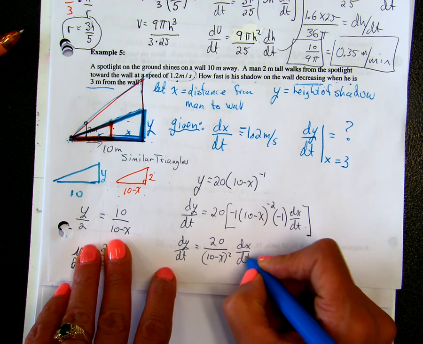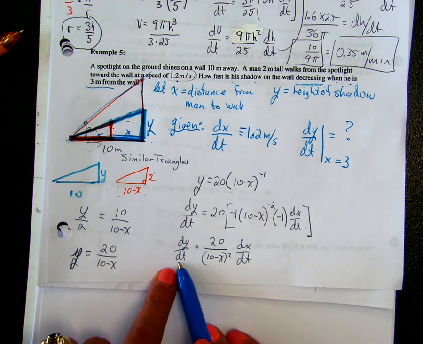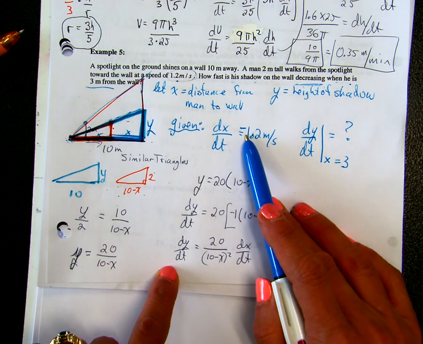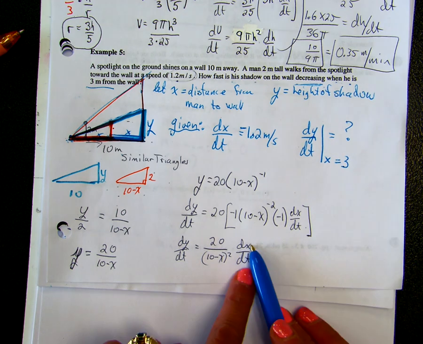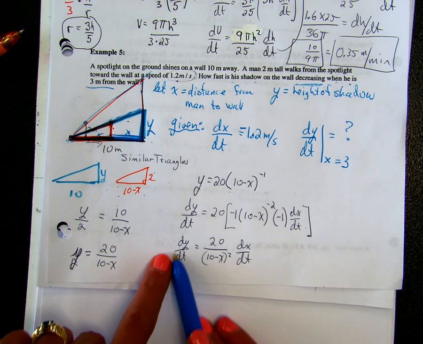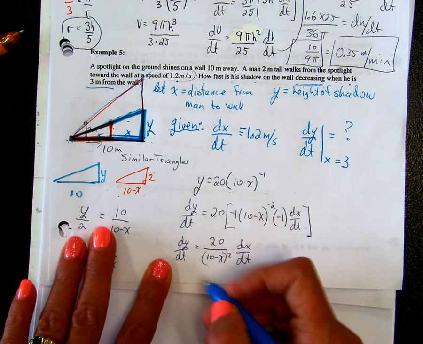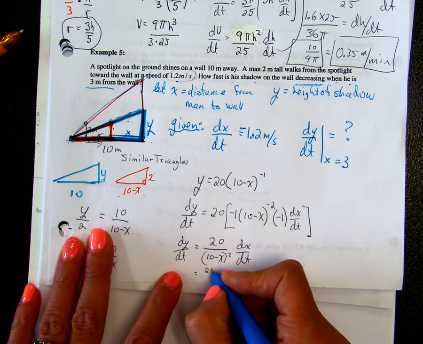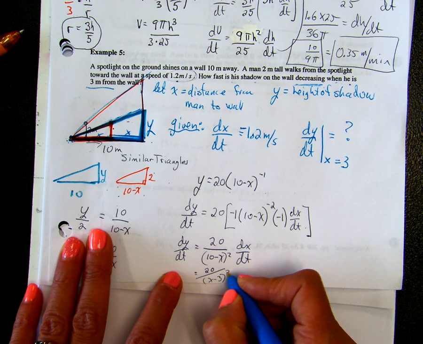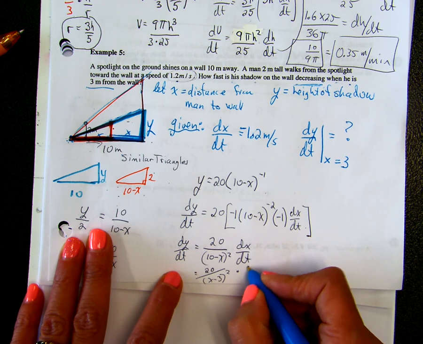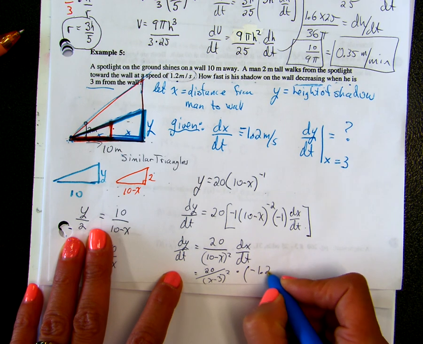So plug in what you know. We know dx/dt. We know x. We're trying to find dy/dt. Okay, so here we go. We've got 20 divided by (10 minus 3) all squared, multiplied by negative 1.2.